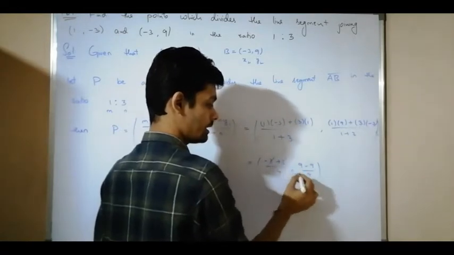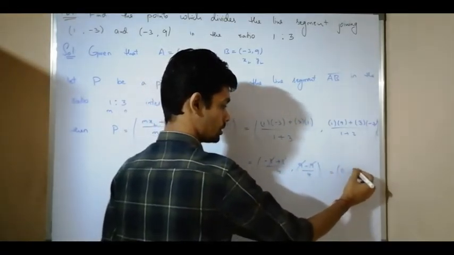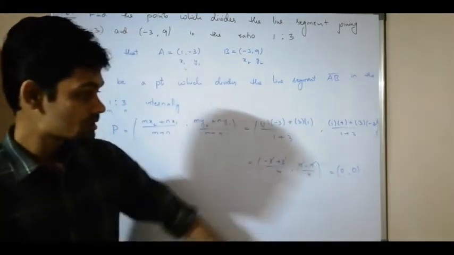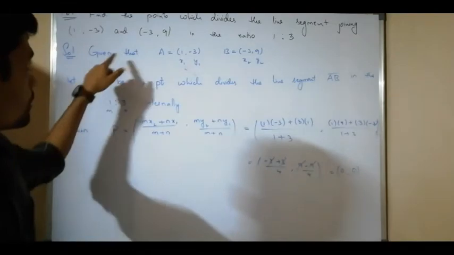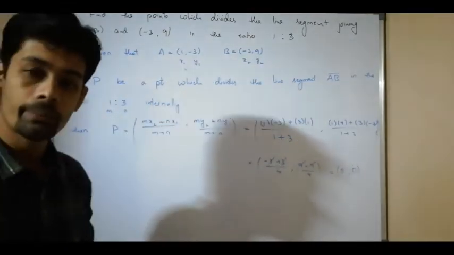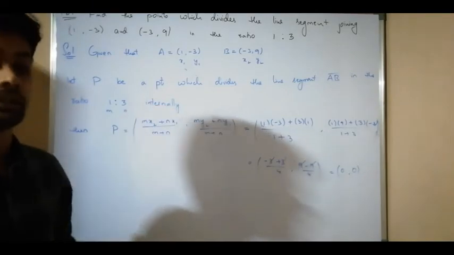Minus 3 plus 3 gets cancelled, 9 minus 9 gets cancelled, we will get (0, 0). Therefore this is the point which divides the line segment AB in the ratio 1:3 internally.